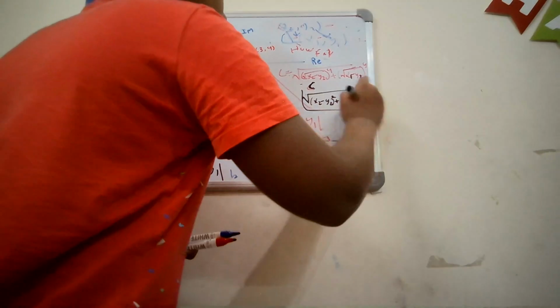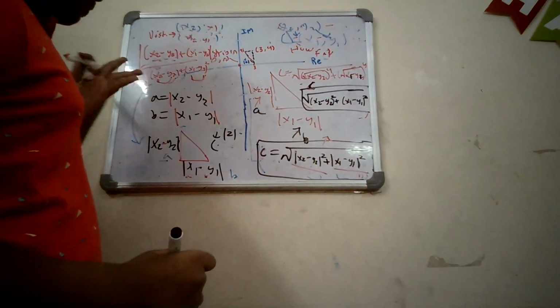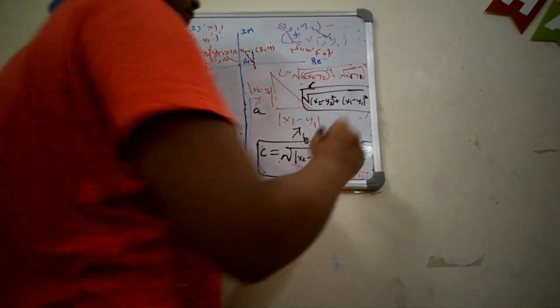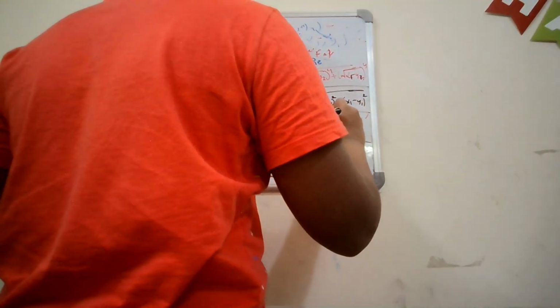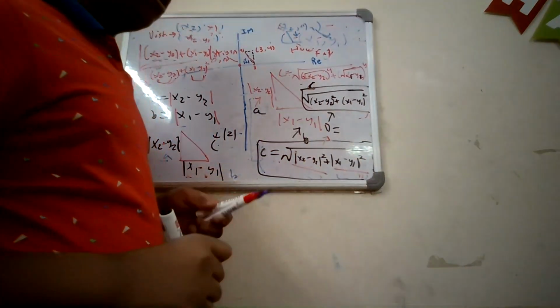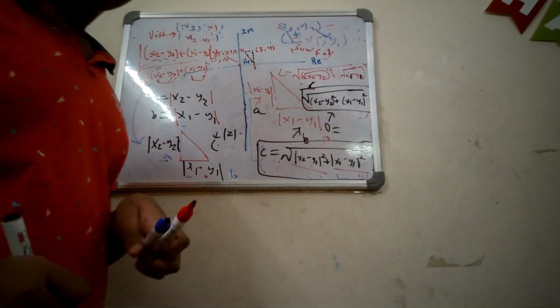And bam, look, we derived this whole formula that we had in the beginning. Pretty cool, right? It's very cool. This is the original formula to find the distance between 2 points, x1, x2, and y1, y2.